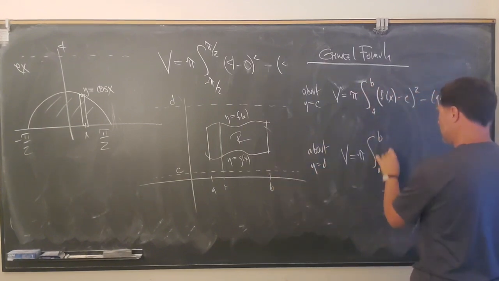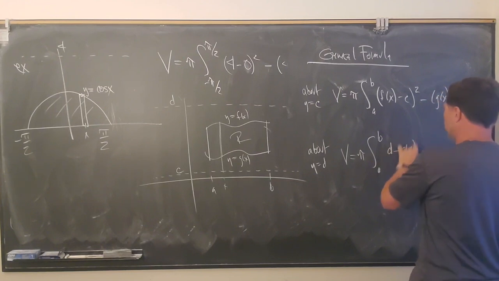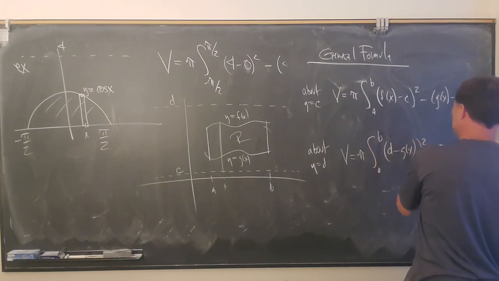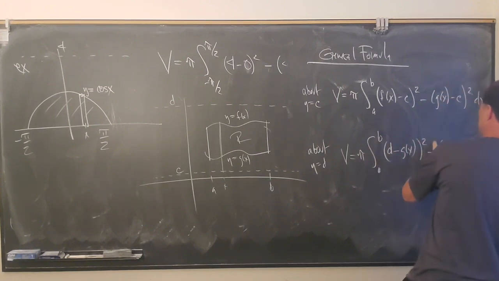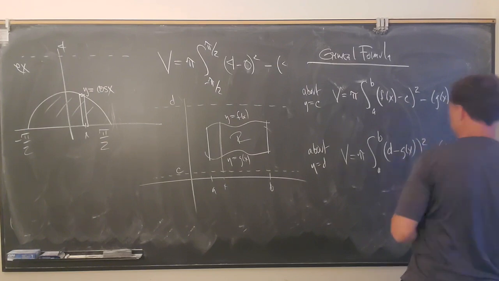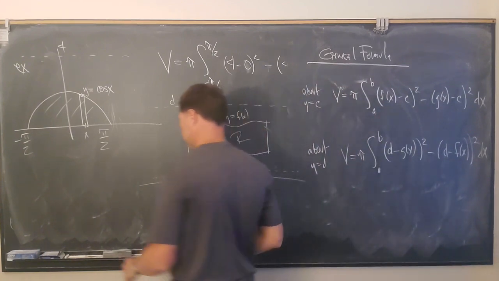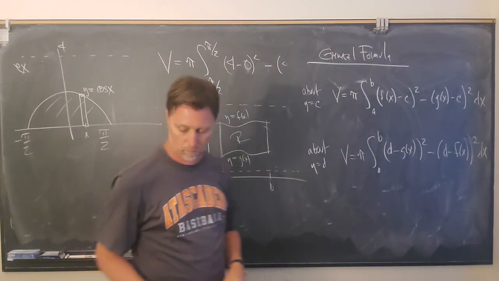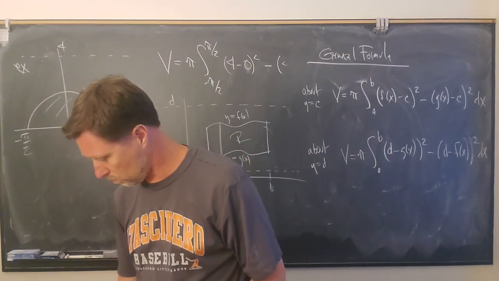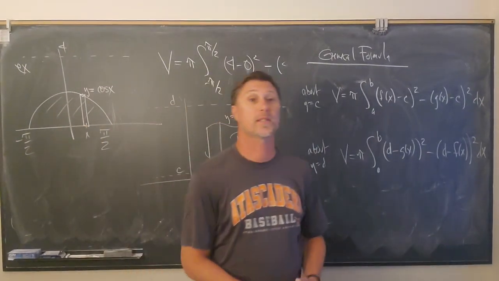So this will be d minus g of x, squared, subtract away the inner solid, which will be d minus f of x, squared dx. Okay, so that's a good place to stop.